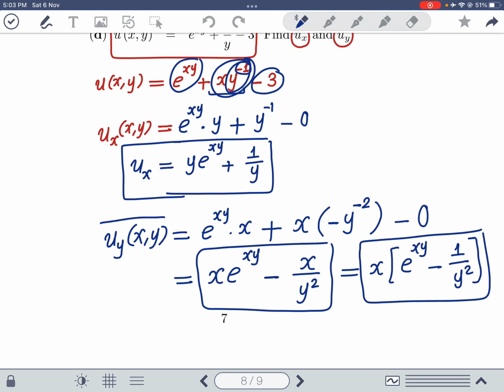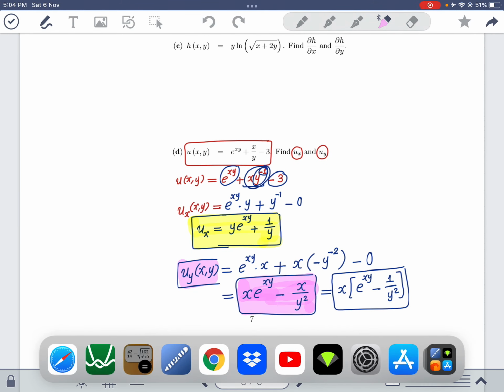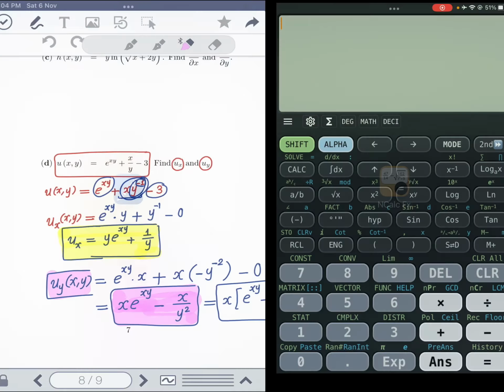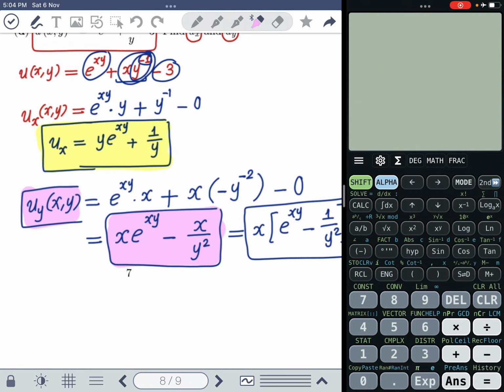Okay, so this will be our u_y, and I will just highlight it so that we use the calculator to check this one. Let's highlight with this color for u_y. Keep an eye on this. It might be that they take x as a common factor, but the calculator I have has not been taking common factors so far, so that's why I'm giving you the answer that doesn't have a common factor. Okay, but they are the same, of course.